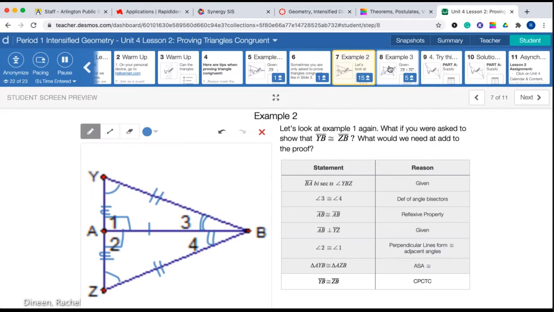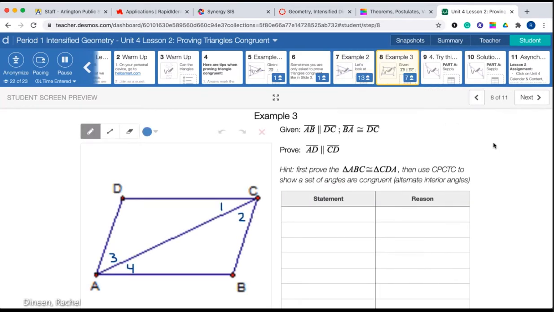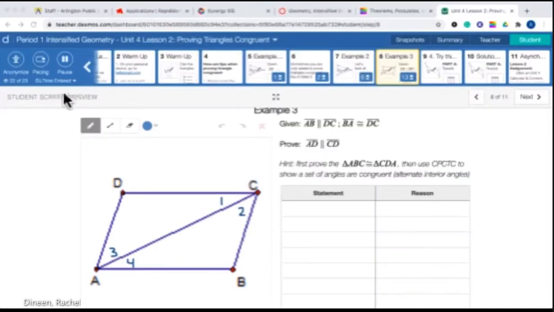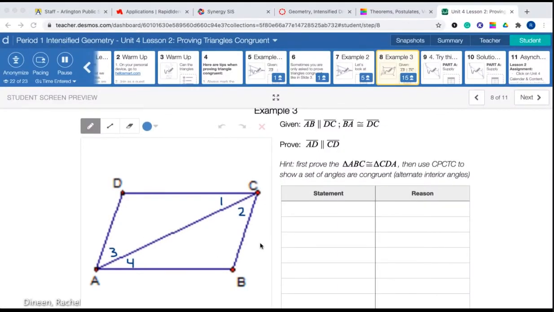Okay, let's go ahead and look at another one, and then you can try one on your own. All right, so go ahead and take a look at it for a second. I want all of you to first mark on the diagram all the given information, and see if you can decide, based on marking up the diagram, how we are going to prove that these triangles are congruent.